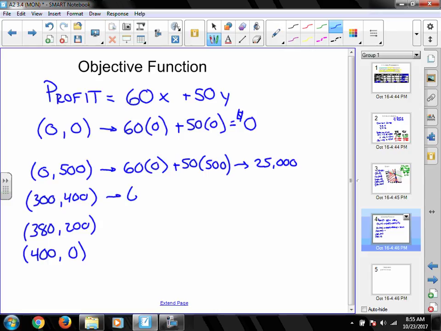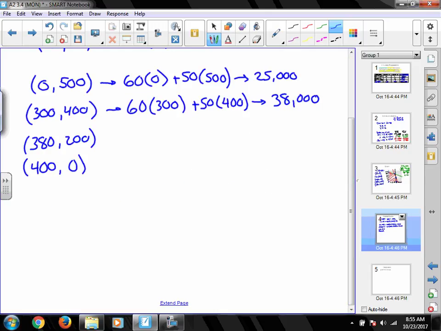Again, moving on to our next point, you're going to take 60 times 300 plus 50 times 400. Give you a total profit of 38,000. 60 times 380 plus 50 times 200 gives you a profit of 32,800, sorry.